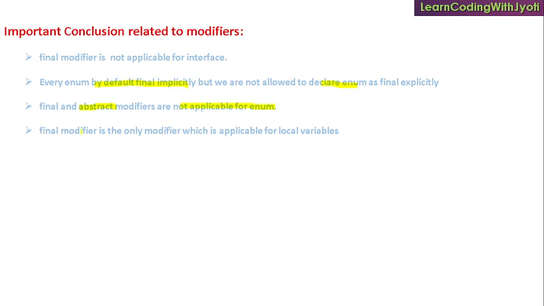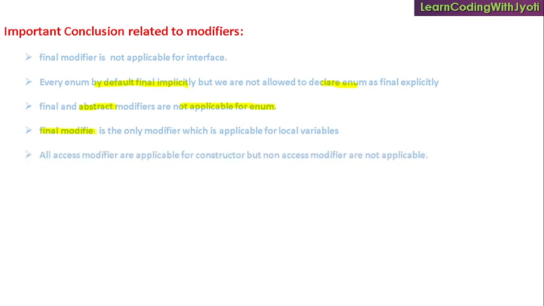Final modifier is the only modifier which is applicable for local variable. Local variables are those variables which are declared inside a method, and their scope is only for that method. With a local variable we can only use final modifier. We can't use public, private, protected or static.